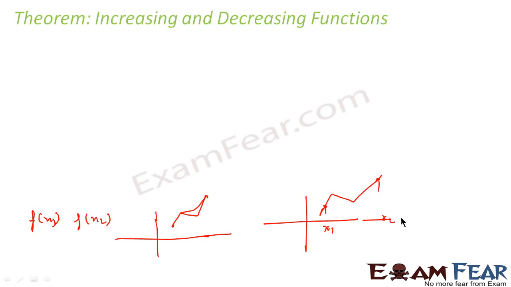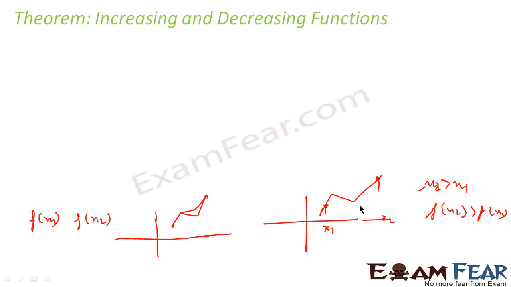So with my current formula, I'll be able to prove that x2 is greater than x1, correct? And f of x2 is also greater than f of x1. Why? This guy is f of x2, this guy is f of x1, so f of x2 is greater than f of x1. This is true, x2 is greater than x1. This is true. But we know that this function is not increasing.